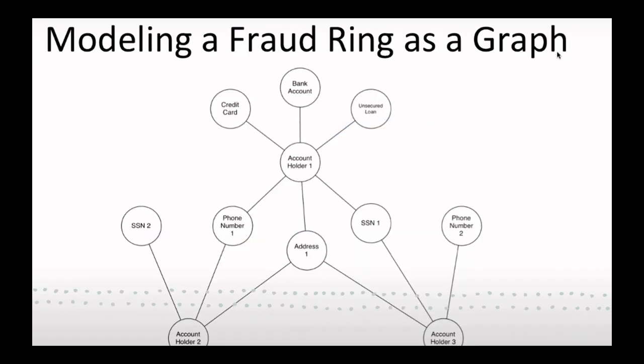So this is just an example of the type of pattern that we are looking for in first party fraud. As we can see, we can have several account holders who happen to share different types of information, which we will talk more about in the upcoming slides.